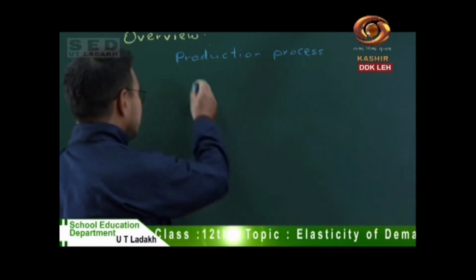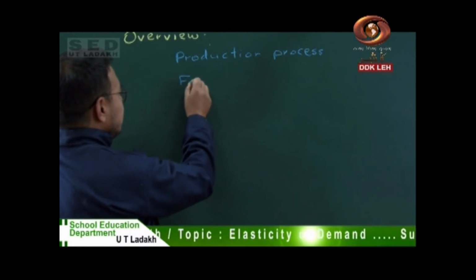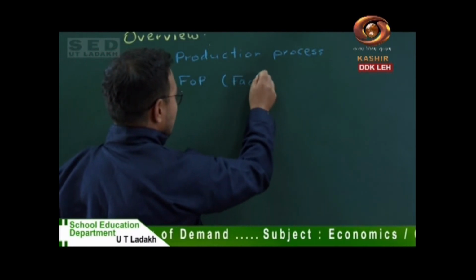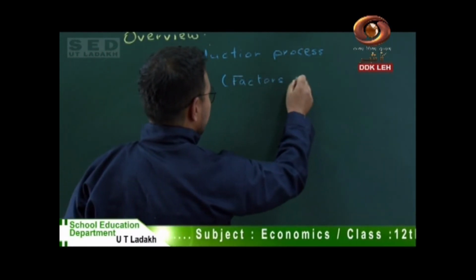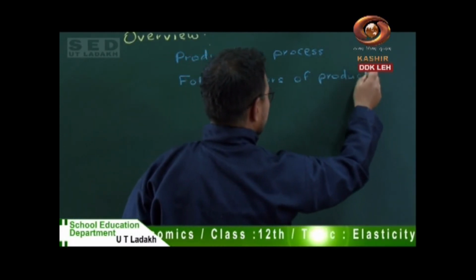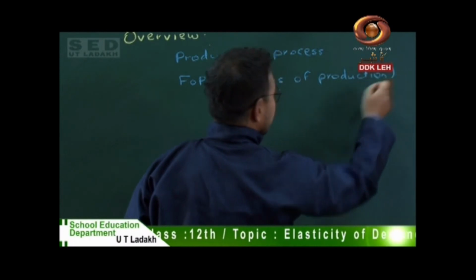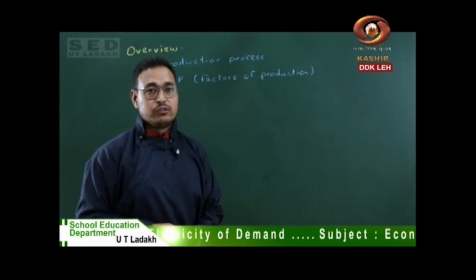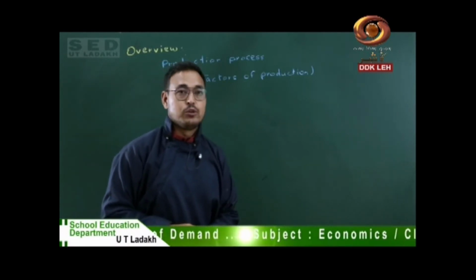Output is the final product. Here, firstly, the role is of factors of production, FOP. These are the agents which are generally used in this production process where you convert input into output.